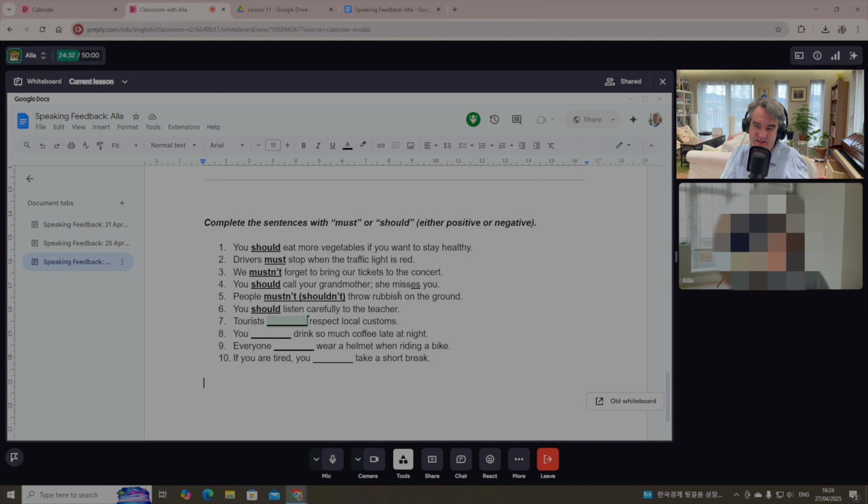They may find it not too nice. So if you travel to another country, you need to respect local customs and that sort of thing. Customs are like rules or culture. It could be rules, it could be the culture. Okay, tourists must respect local customs.